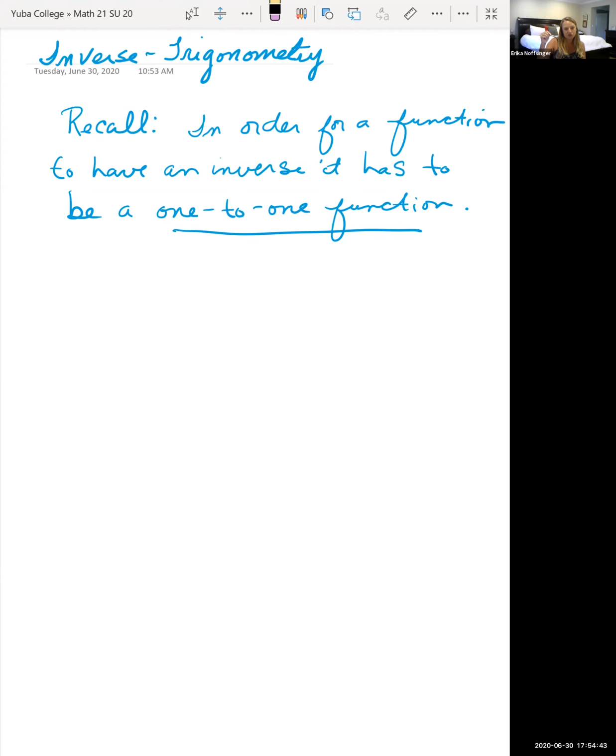We're hitting all the positive values and all the negative values. So let's limit the domain for cosine between 0 and pi.